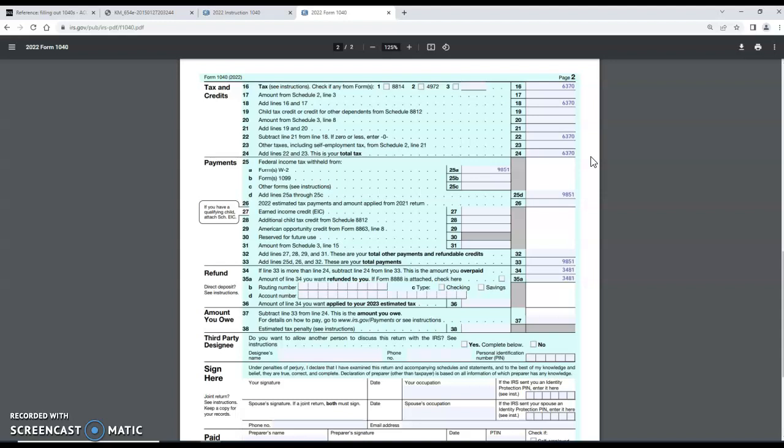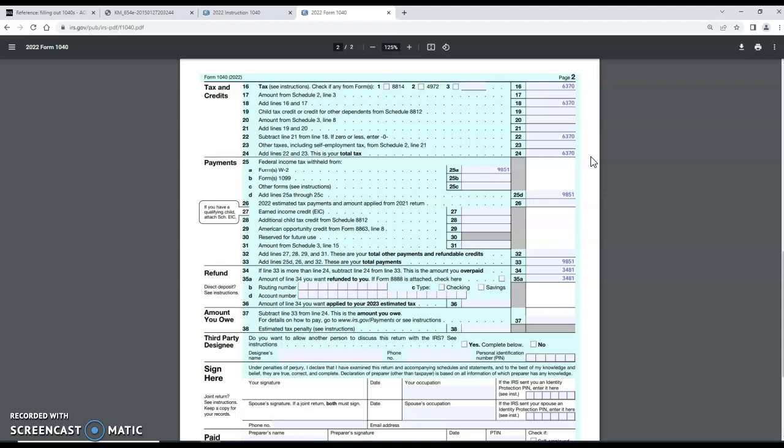The new W-4 forms are different, but they still are using the old ones if you were grandfathered in. So a lot of people who put 9 down, all of a sudden they were owing thousands of dollars to the IRS because not enough was being taken out of their check.